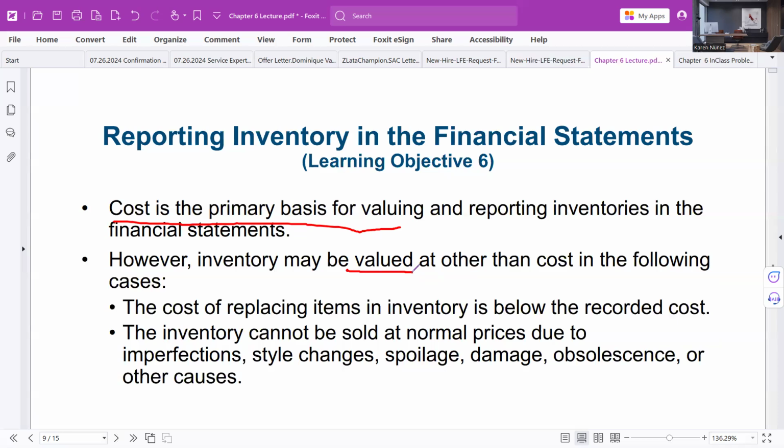The only time we do that is when there are problems that necessitate us in using a value other than cost. And here's where we're going to talk about a method that is called the lower of cost or market. If there's a decline in the market value, then we want to recognize that. We don't want to report our inventory at inflated numbers.